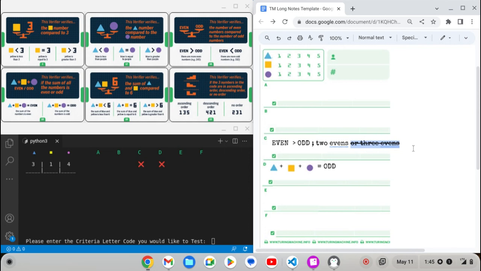And furthermore, I'm going to say that two evens and one odd. Okay, so that means that I'm looking for two evens and an odd.